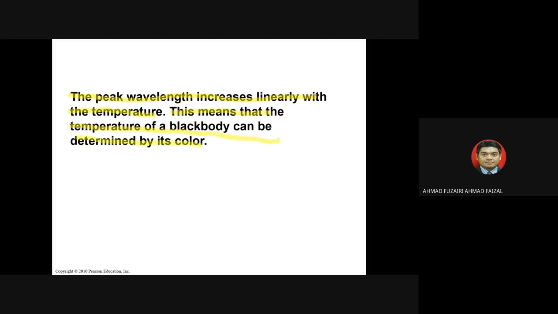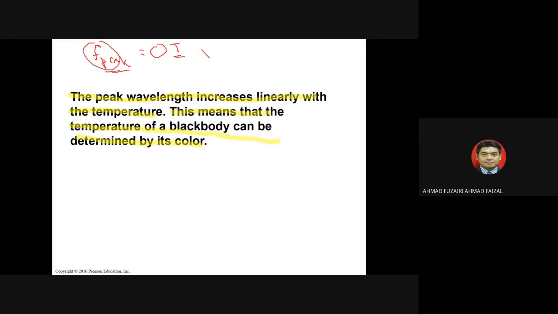So if you refer to the previous equation, whereby f max or f peak equals some constant multiplied by T, this equation shows that the peak frequency changes according to temperature, hence you have the shift to the left or to the right of the peak. If you change this equation, you change this frequency in terms of lambda.